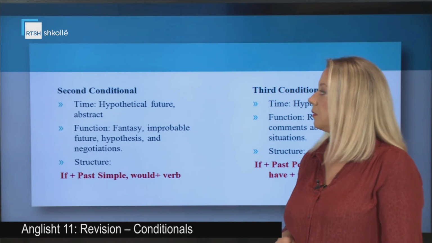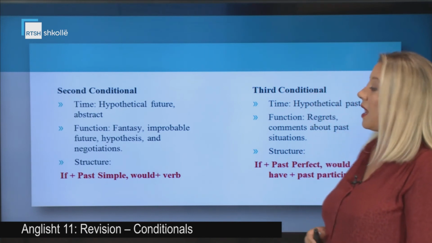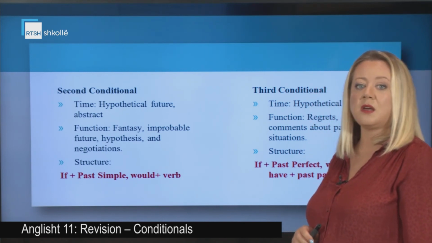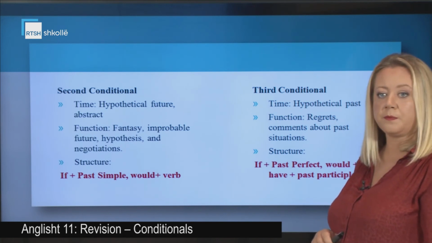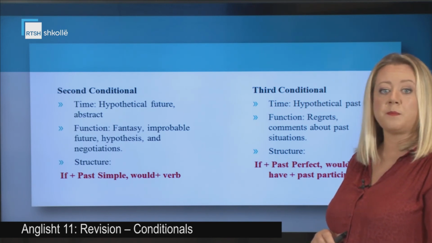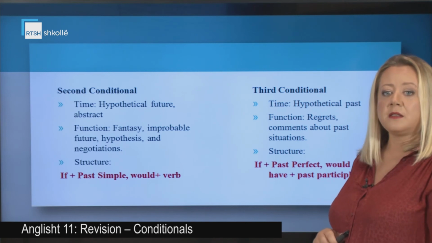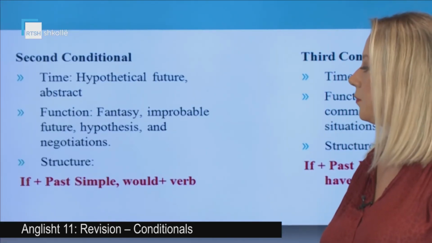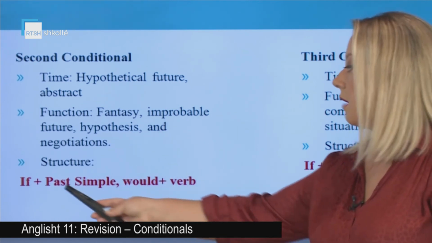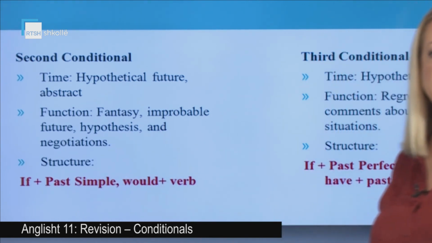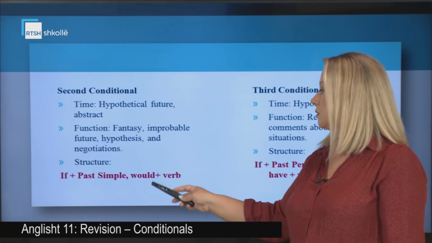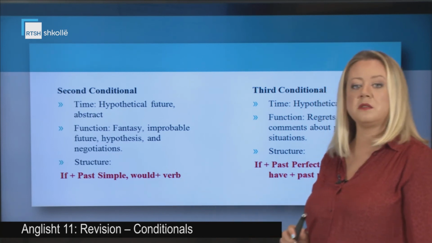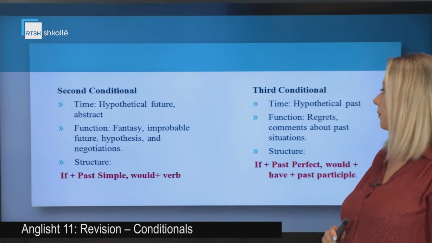Second conditional. The time is abstract, or as we say in other words, hypothetical future. It refers to improbable future, fantasy and negotiations at some times. It is formed: in the if clause we have if plus past simple of the verb, and in the main clause would plus the base form of the verb.